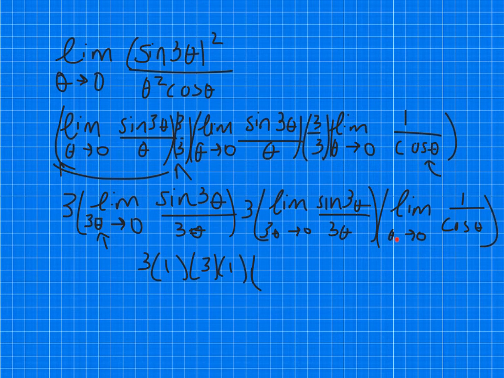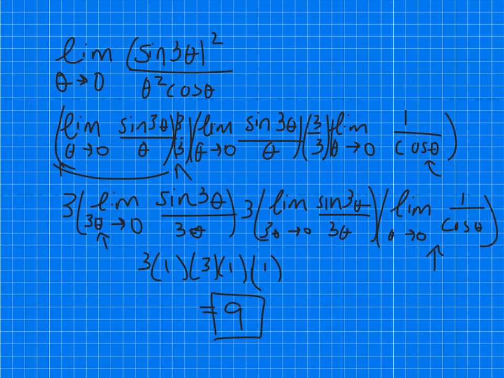However, we know that the cosine of 0 is 1, and 1 over 1 is 1, so the limit of 1 is just 1. So this whole quantity here is just equal to 1. So 3 times 1 times 3 times 1 times 1 is equal to 9.